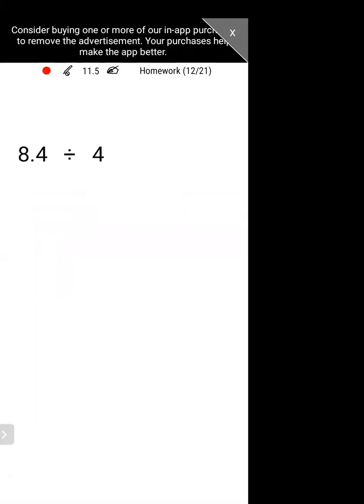Now over here 8.4, this number is called the dividend. The number that we are dividing is called the dividend, and the number that is going to divide is the divisor. All right, keep this in your mind.